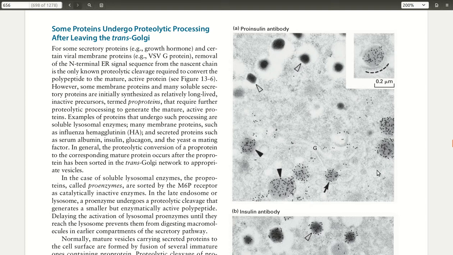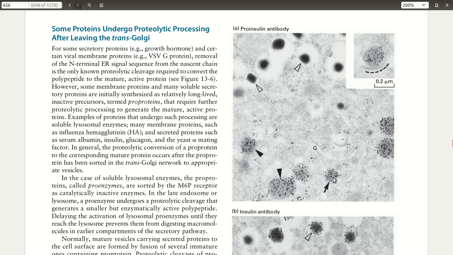So once insulin is produced in the Golgi, or once it is modified in the Golgi, it is released from the trans Golgi network in these vesicles, these secretory vesicles. And notice that they're labeled here with antibodies.